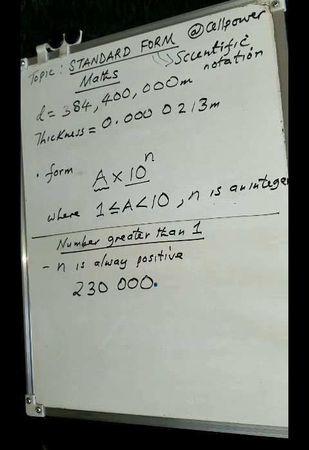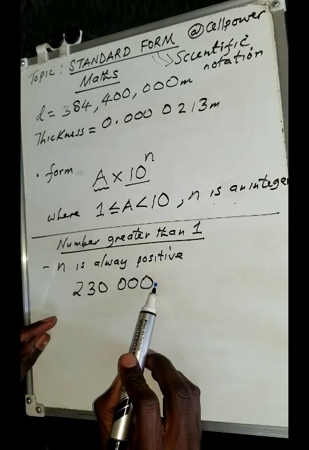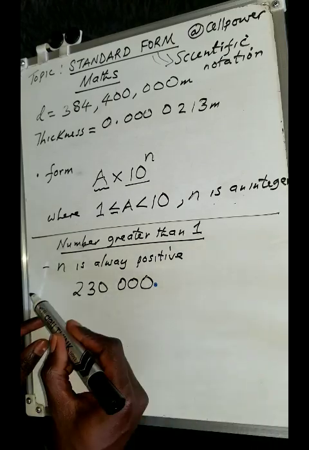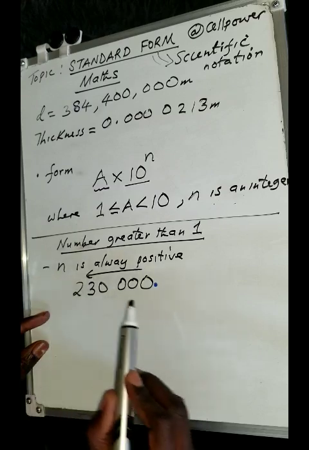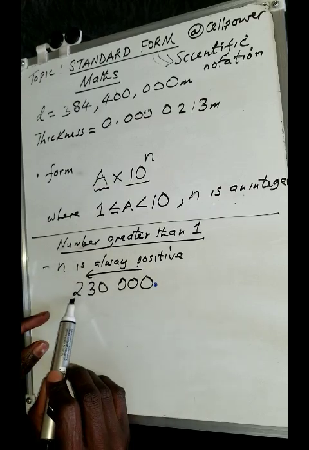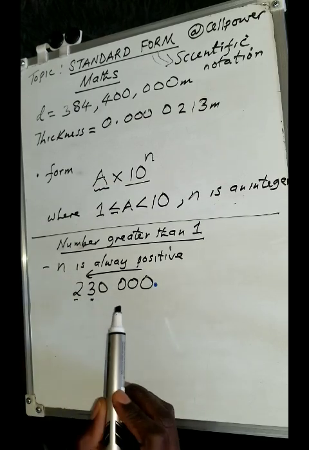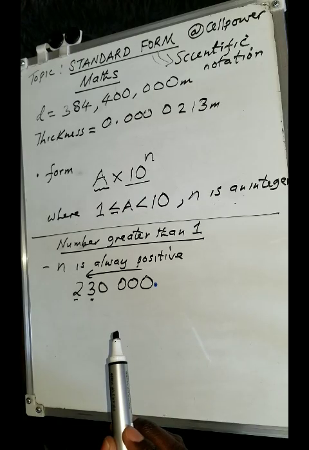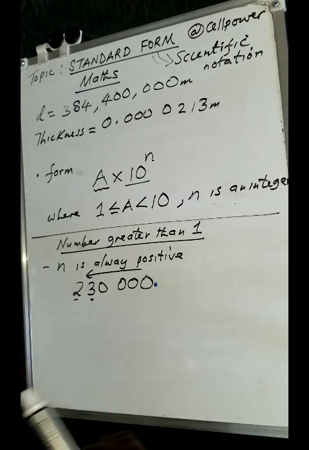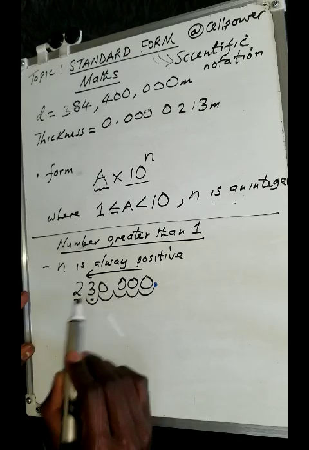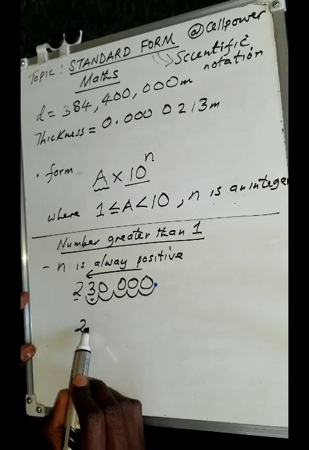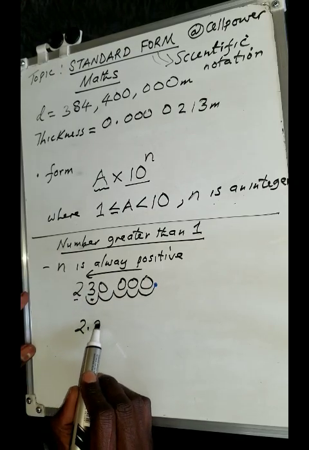I've used the blue marker. So now you are going to move it, going in this case to the left, and stop it between 2 and 3. In other words, between the first digit and the second digit. So 1, 2, 3, 4, 5. It is going to be 2.3.